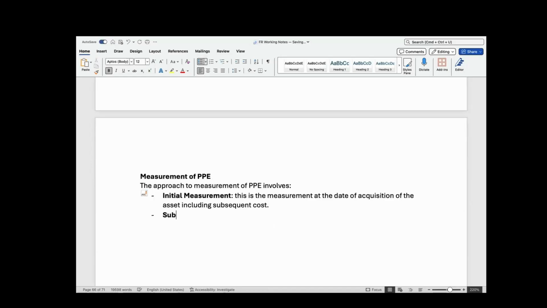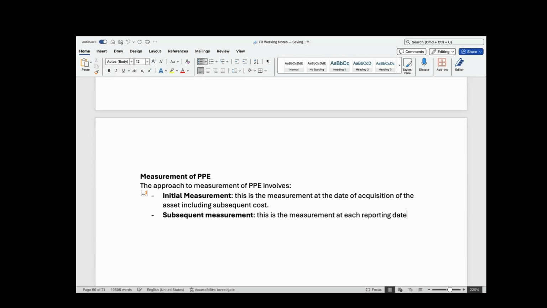We also have subsequent measurements. And these subsequent measurements, this is the measurement at each reporting date.